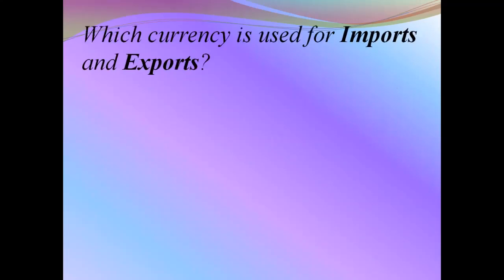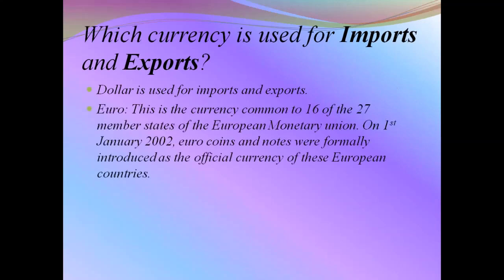Now the question is, which currency is used for imports and exports? Yes, the dollar is used for imports and exports. Another currency that is used for import and export is the euro. What does the euro mean? This is the currency common to 16 of the 27 member states of the European Union.